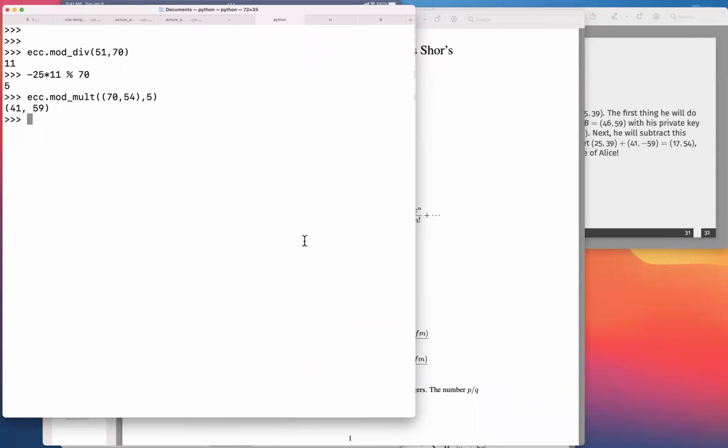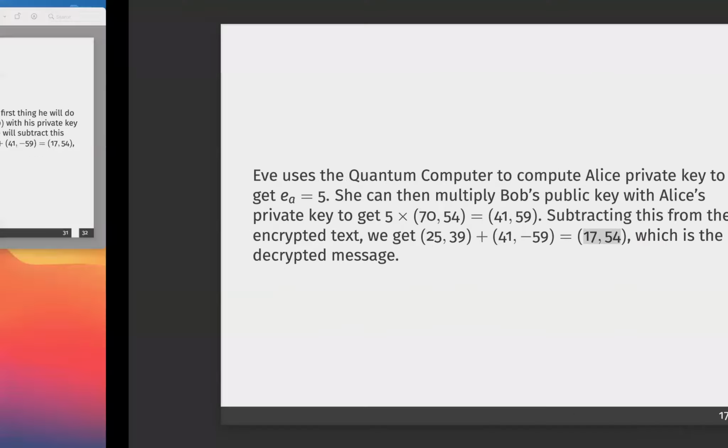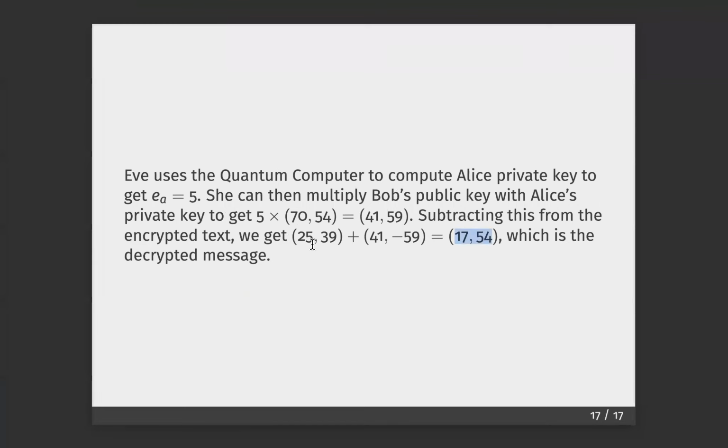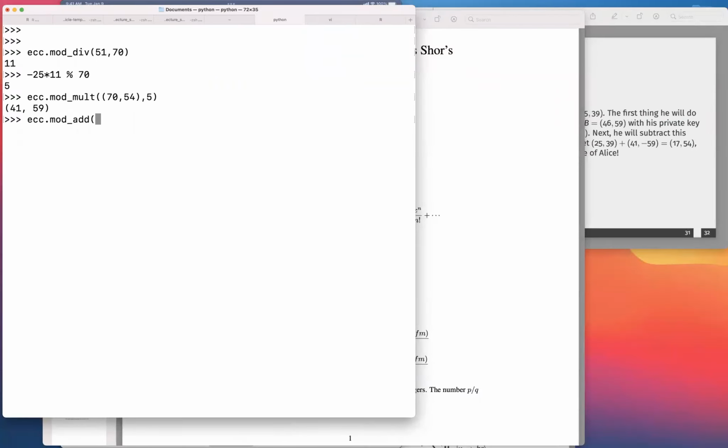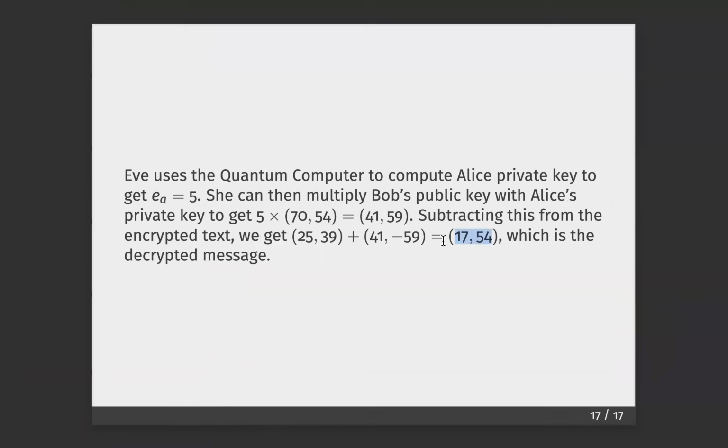So ECC.mod_add of 2539 with 41 comma negative 59. Okay, which gives you the plain text.